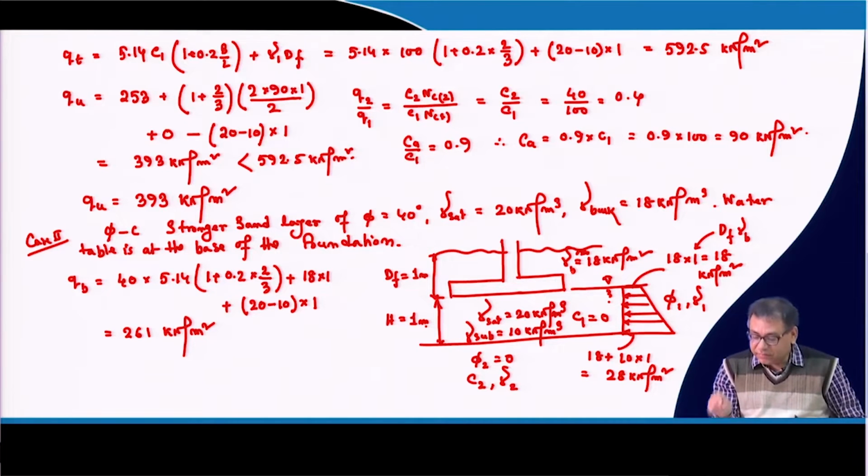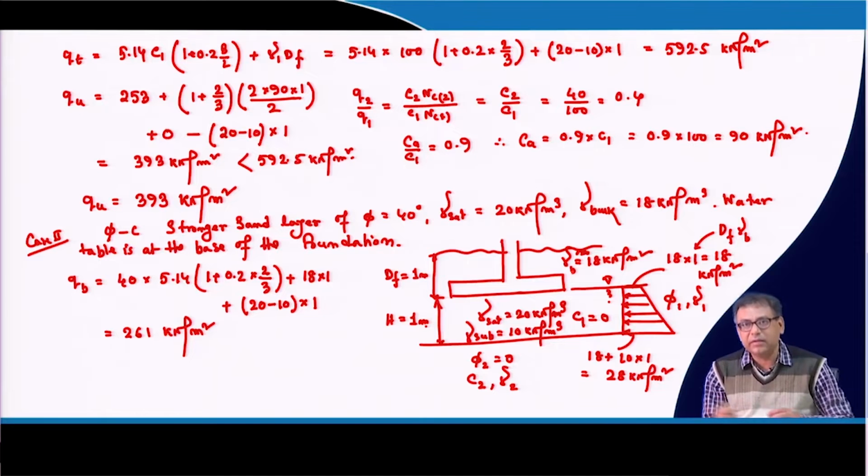Remember that, because here the total Df part is gamma bulk, that is why it is taken as gamma bulk. And the lower part is actually Df into gamma bulk plus gamma sub into H.